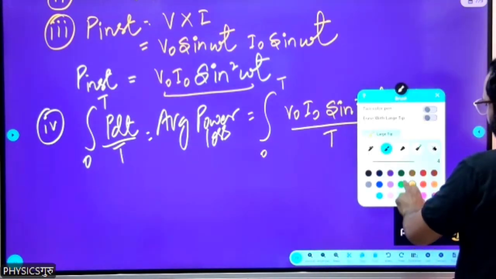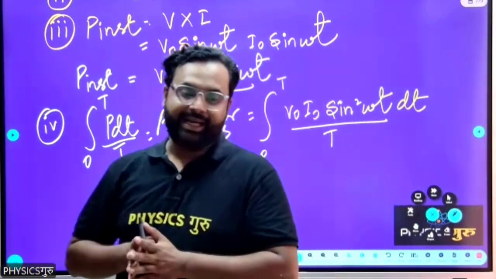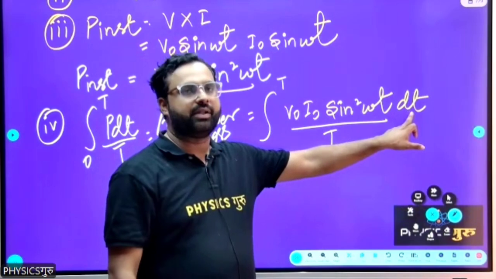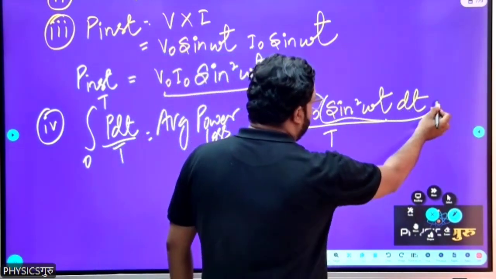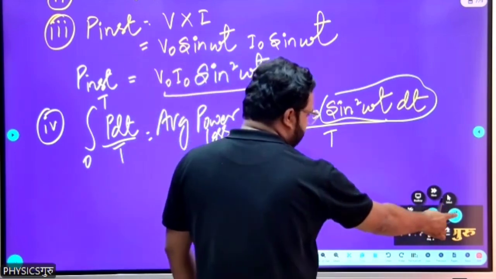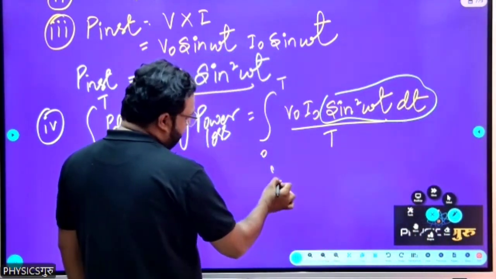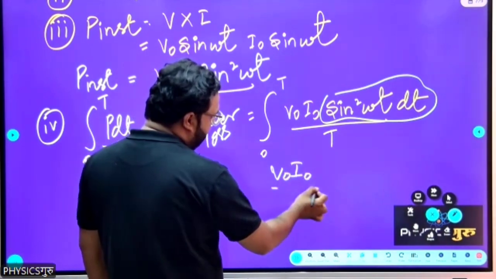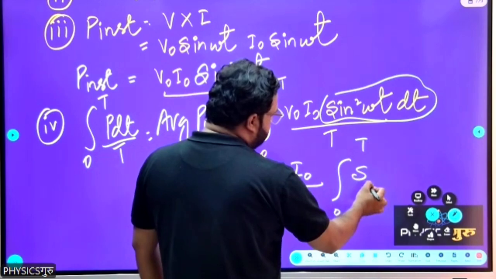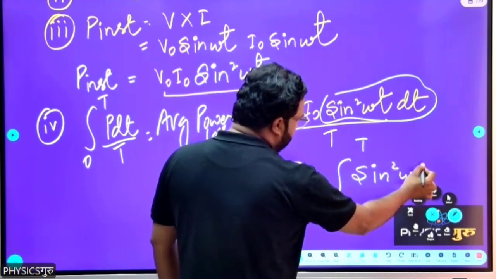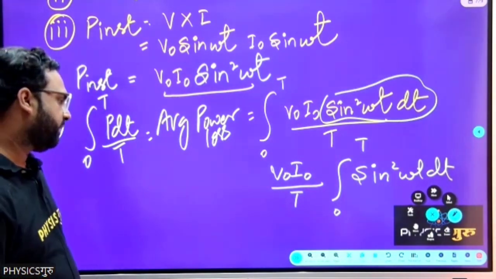Now it is very important to note, in case of integration, we need to integrate the term that has t with it. So that means we need to integrate this sine square omega t. Every other part is constant, so we need to bring the constant outside the integration sign. So we have V naught I naught by T, integration from 0 to T of sine square omega t dt.